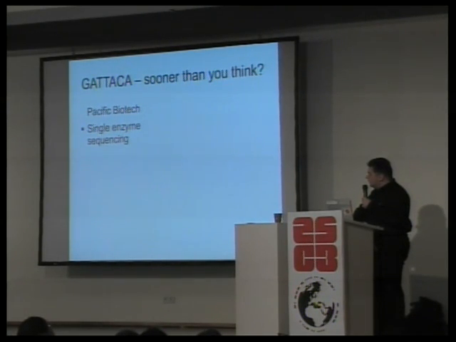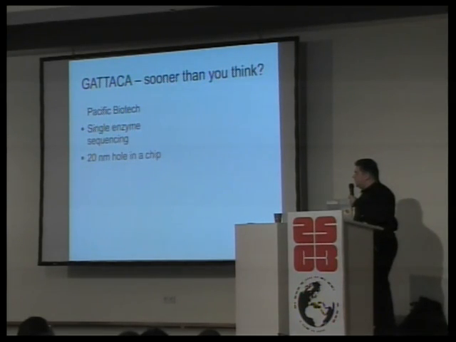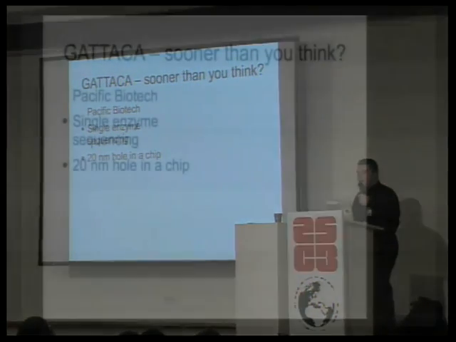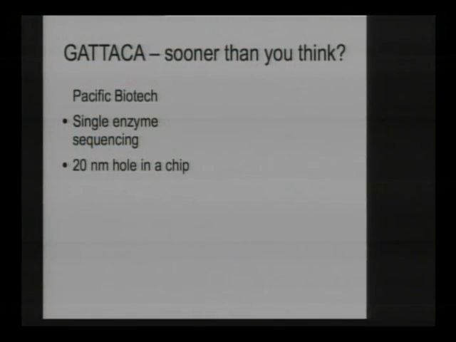So they take a single enzyme and, again, some glass chip or whatever, and they punch a 20 nanometer hole in this. And they fix this single enzyme in this hole, and then, again with fluorescent markers, watch the enzyme run through the DNA. And this will actually yield thousands of bases, so very, very long reads with very, very high accuracy.